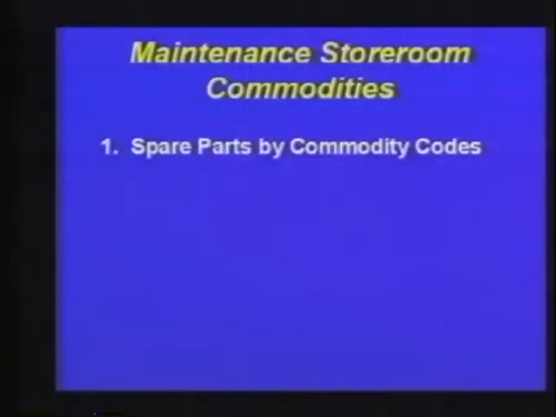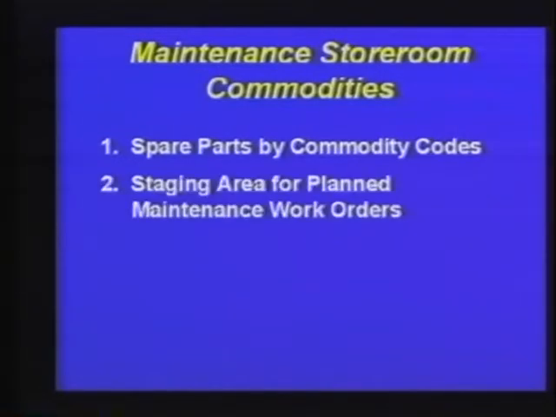And you're going to see we're addressing just about every major commodity, at least that I have had experience with. The first one on page number 18A would be the spare parts commodity codes, and that is also identified by the family code. We have number 2, the staging area for planned maintenance work orders.